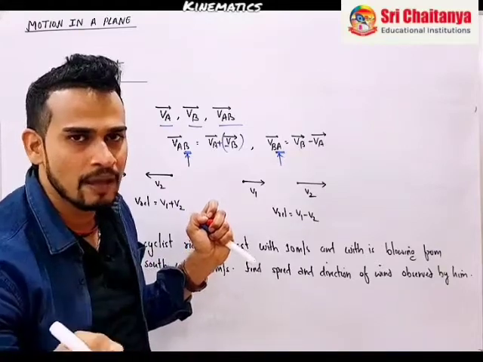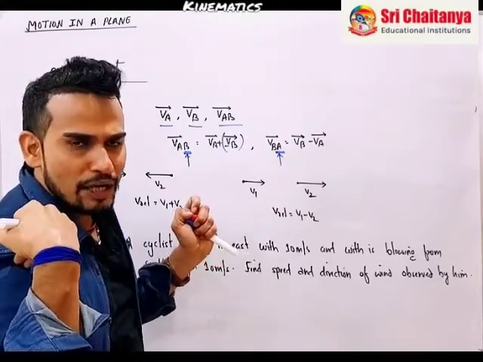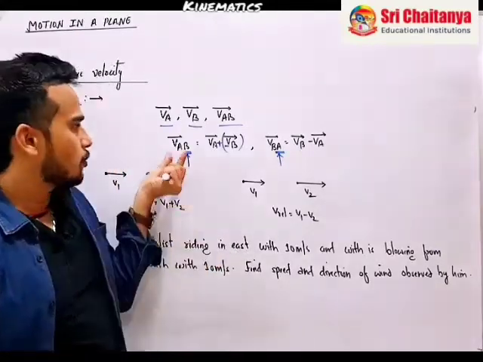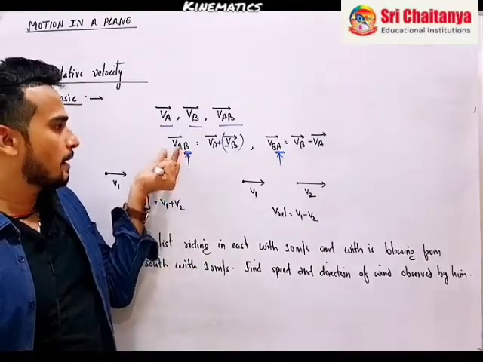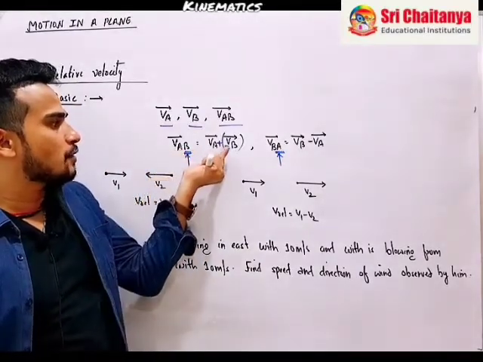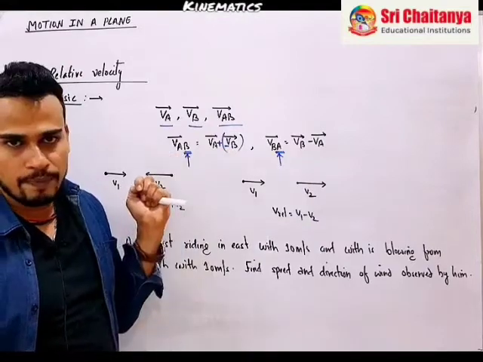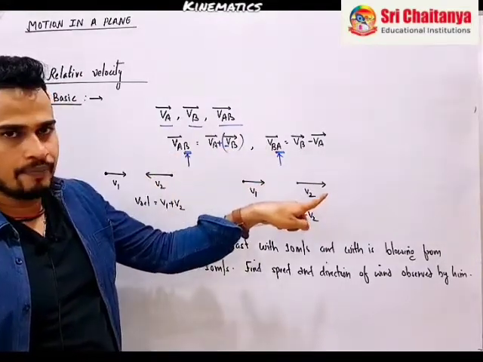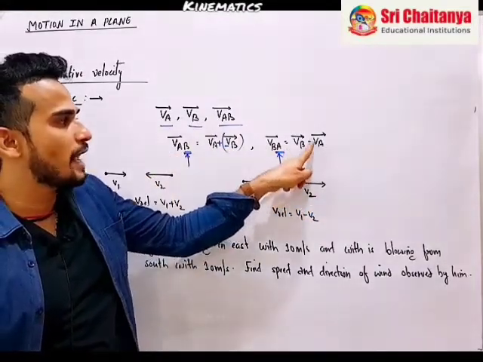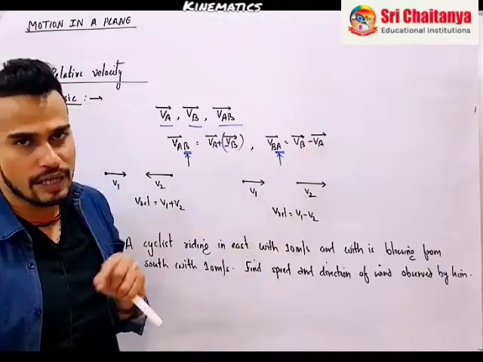He will be at rest and he will give his velocity in the opposite direction to the object. So that is what we got. VAB: B is the observer, so B gave his velocity in the opposite direction, that is minus VB. VBA: the observer is A, so A is giving his velocity in the opposite direction.